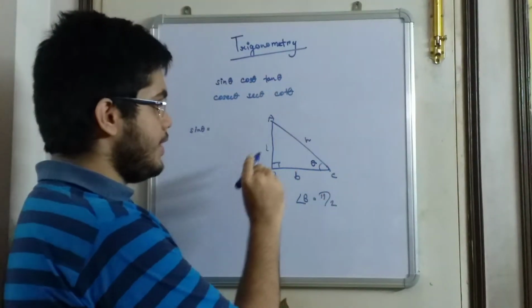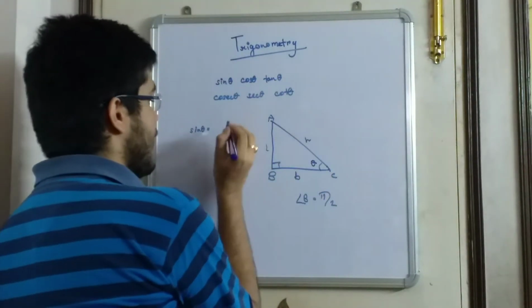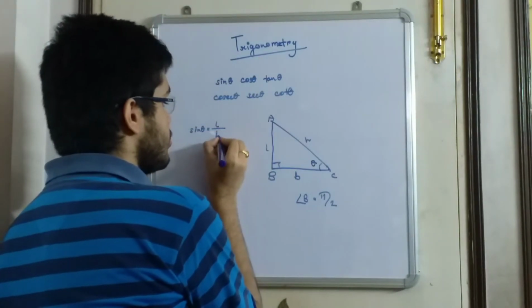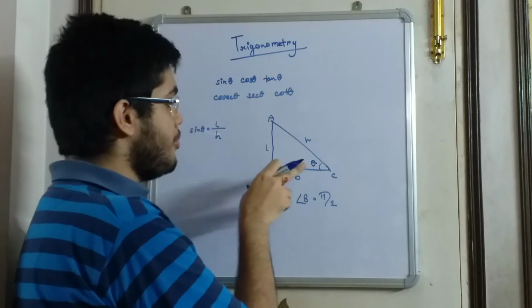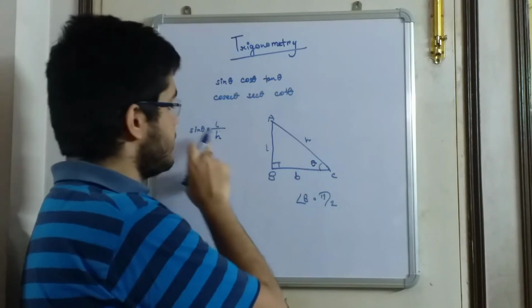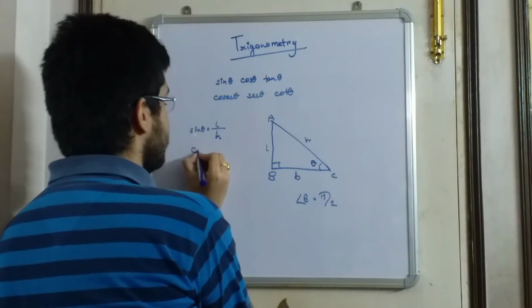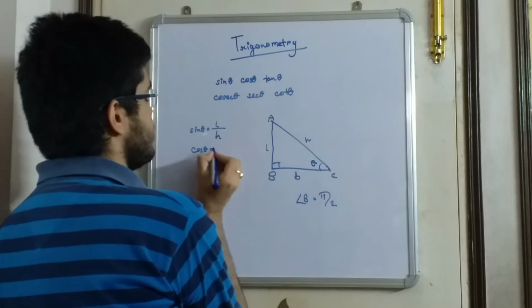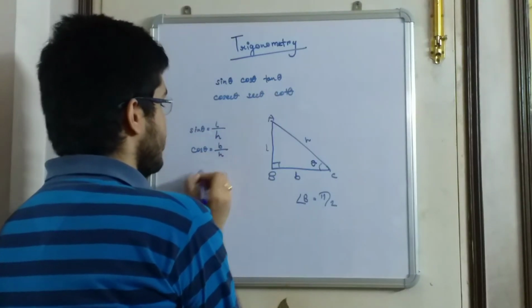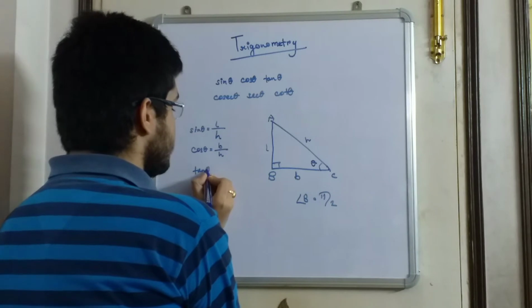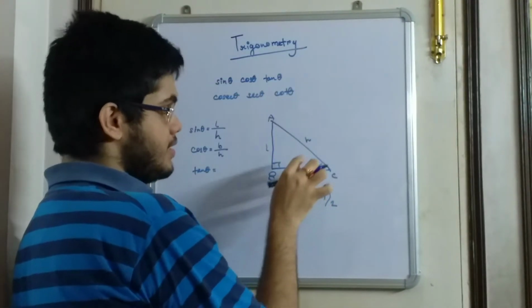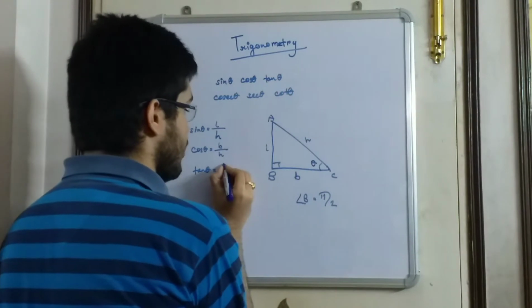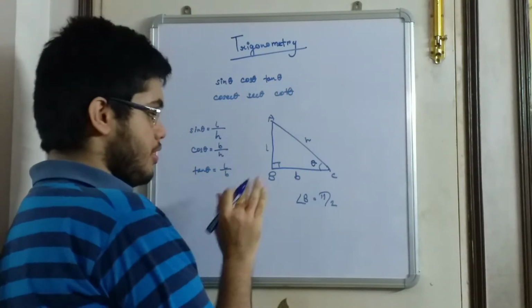So then sine theta is equal to L by H. So for sine theta, hypotenuse will be below and above will be the side opposite to that considered angle, and then cos theta will be the other side by hypotenuse, so it will be B by H. Tan theta will be the side opposite to the angle by the side adjacent to the angle. So L by B, no hypotenuse for tan theta.